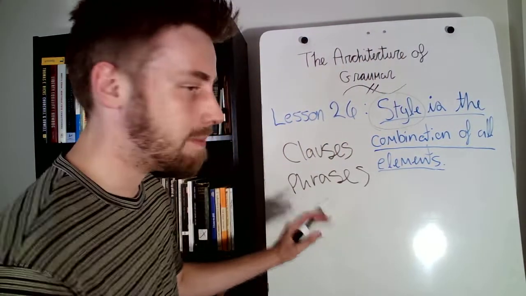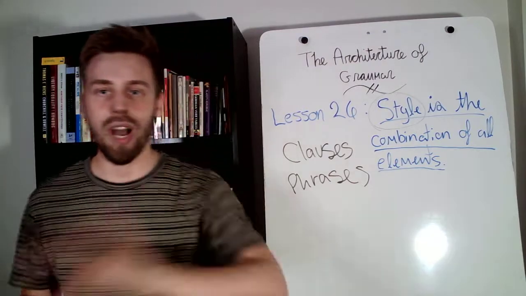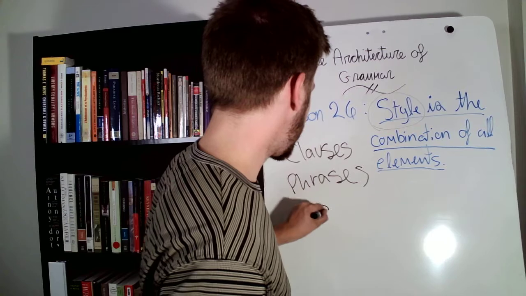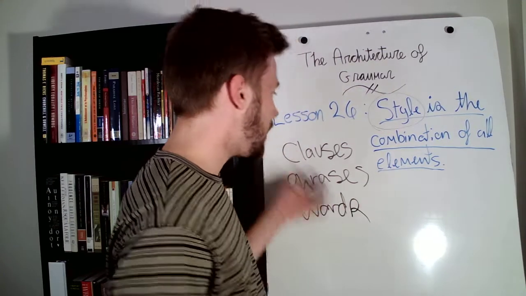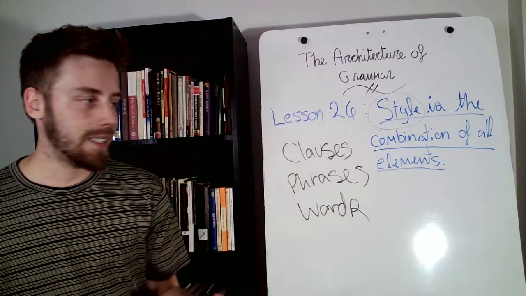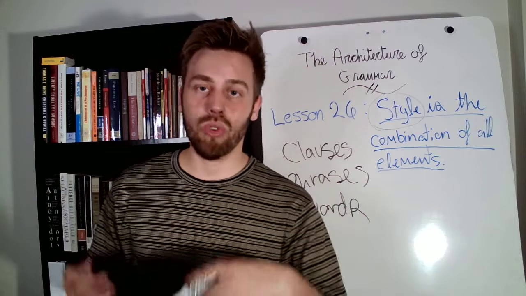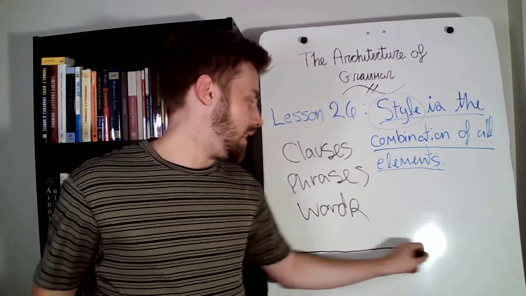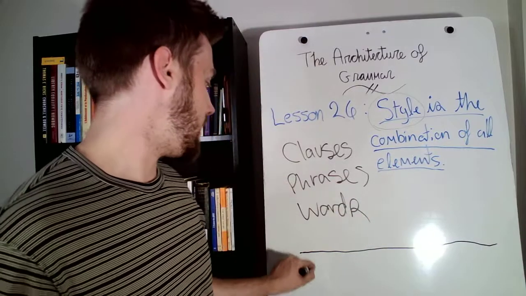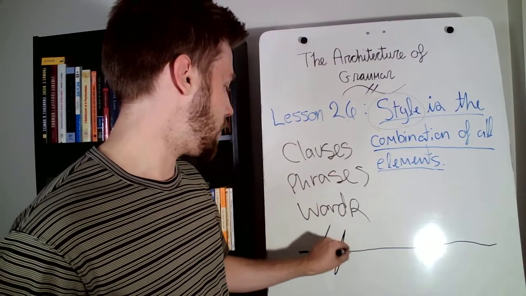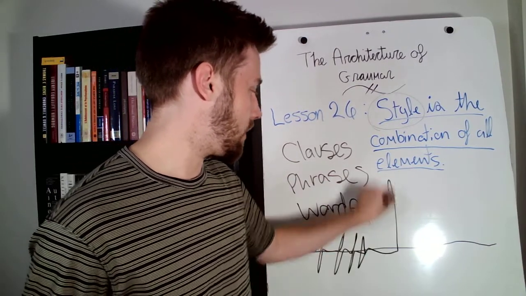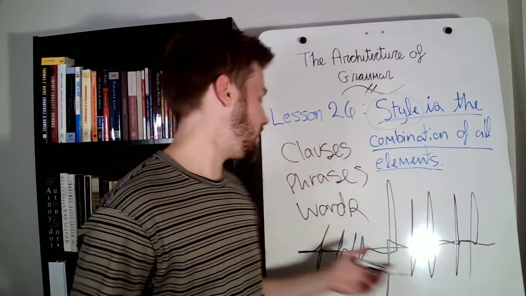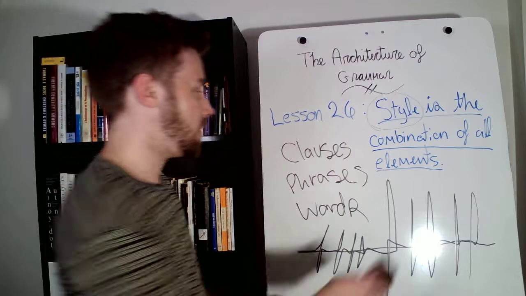Make sure you mix and match so that there's a good variety in your writing, and you use different words, different phrases, different clauses, different sentence types, different sentence length, and so this way your writing is going to be engaging, because it's not going to be a straight line, it's going to be a roller coaster, and so we're never going to be able to predict when it goes like this or like this. And so again, you want to make sure that there's variation.